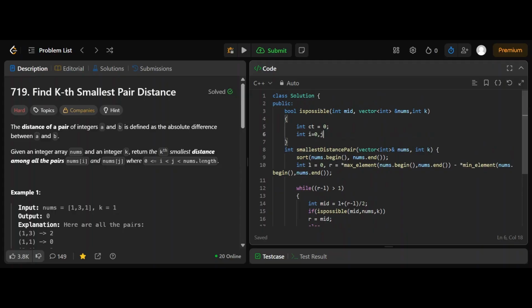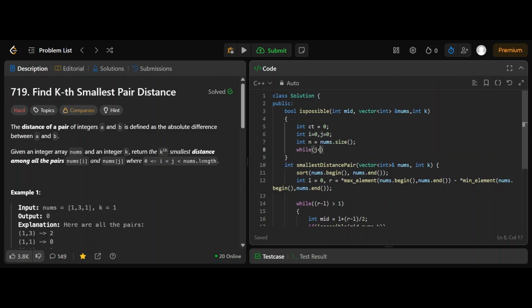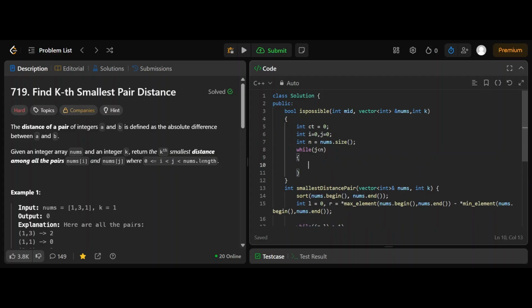We'll have two pointers, i and j, and n as the size. While j is less than n, this is our sliding window template. If the absolute difference between nums j minus nums i, no need of absolute also, because our j will always be greater than i as we have sorted. So we can write it as it is.